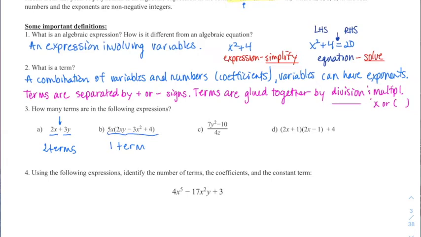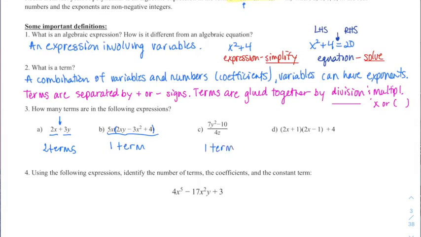So even though there are subtraction and addition signs, the brackets glue that together, and the multiplication of the 5x glues it all together.